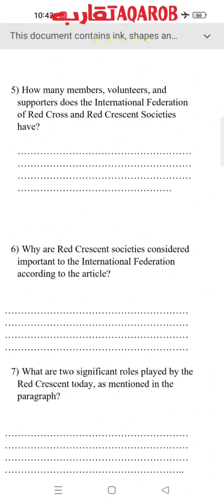So the International Federation of Red Cross and Red Crescent Societies has 97 million members, volunteers, and supporters. So the number is 97 million. This federation has 97 million members, volunteers, and supporters.